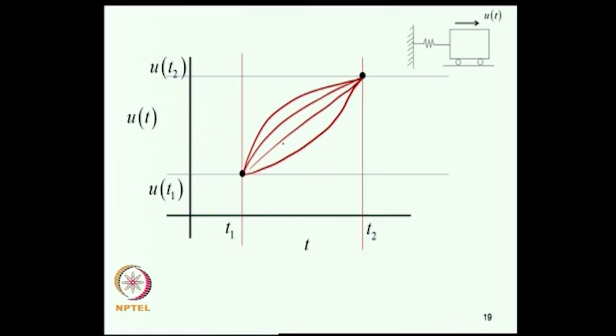It has infinite options to move from this point to this point. So, the question that we ask is, among all these possible paths available to this mass m, which one does it actually choose? According to Hamilton's principle, the path taken by the mass is the one which minimizes that integral known as the action integral.